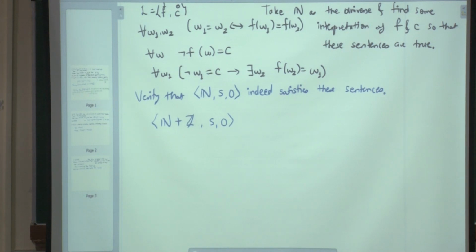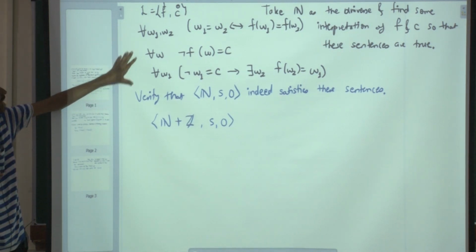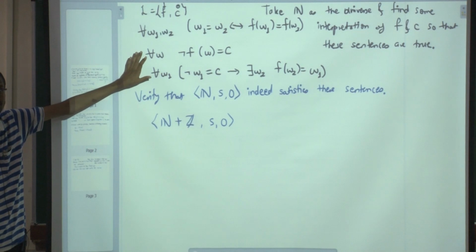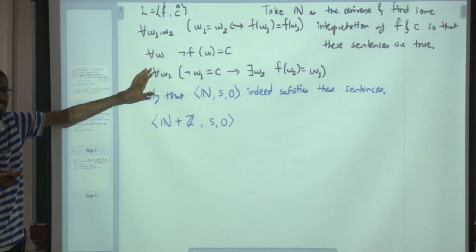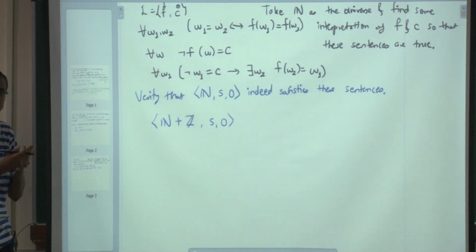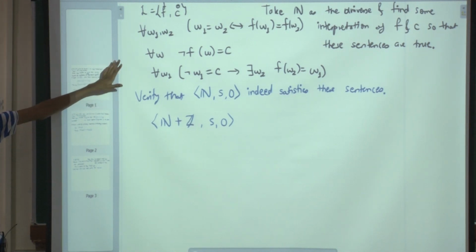But this somehow expresses that we are infinite. There is a function which is injective but not surjective, from a set to itself. Axiom of infinity, if you remember, then you might make sense of these three sentences.